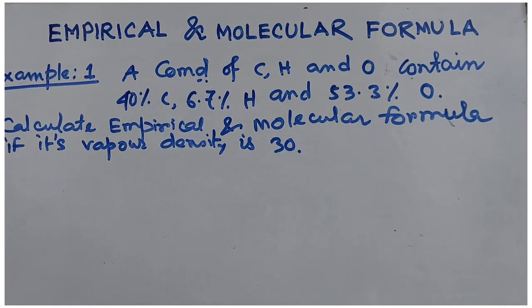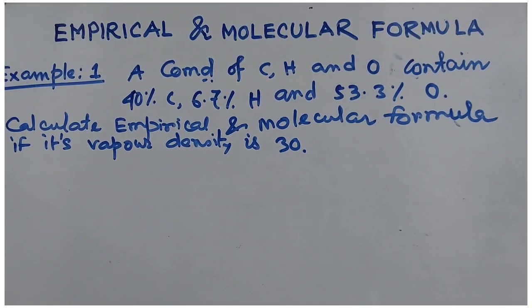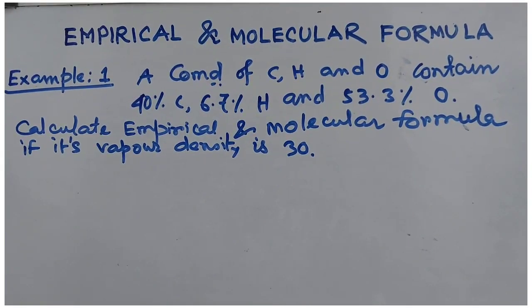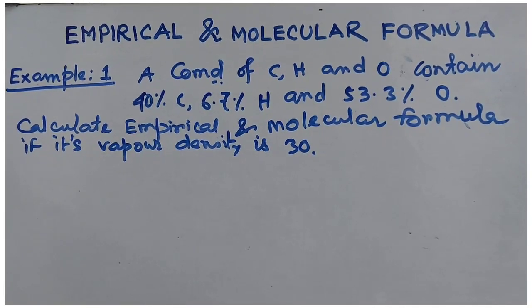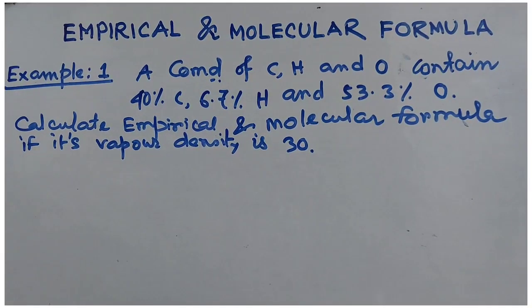First example: a compound of carbon, hydrogen and oxygen contains 40% carbon, 6.7% hydrogen and 53.3% oxygen. That is, the percentage composition is given in the problem.